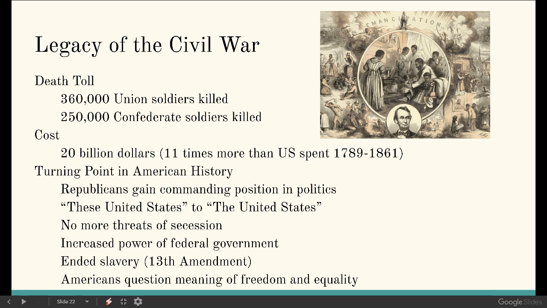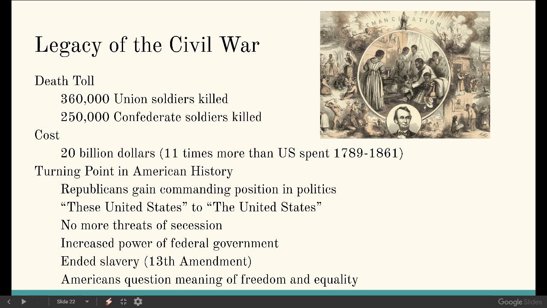The cost of the war was also very detrimental, $20 billion, which is actually 11 times more than the US spent between 1789 and 1861, which is the beginning of the war. So that entire time for the United States, they didn't spend nearly as much money as was spent in just those 4 years of the Civil War.